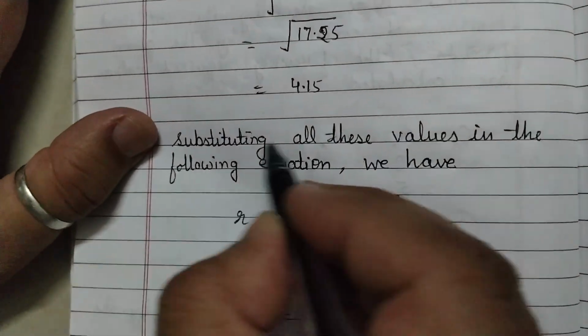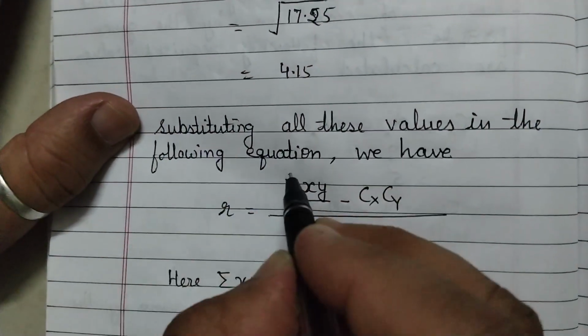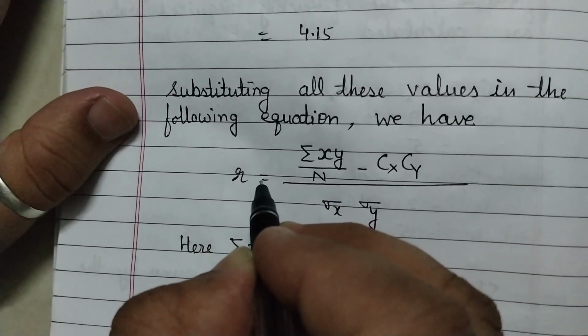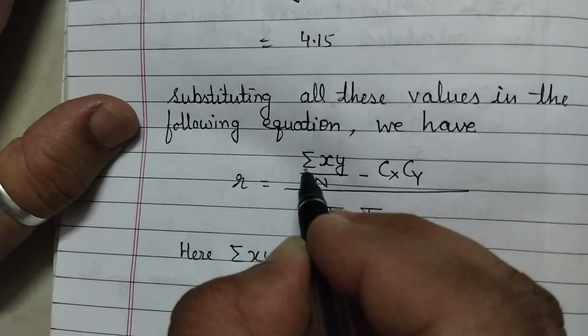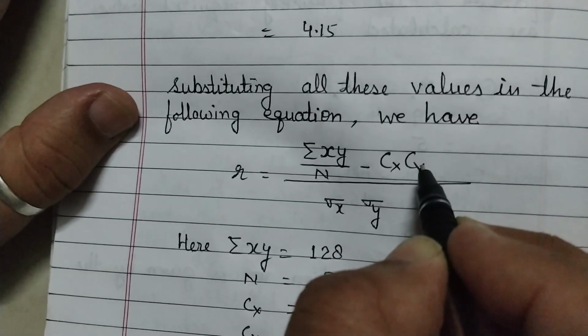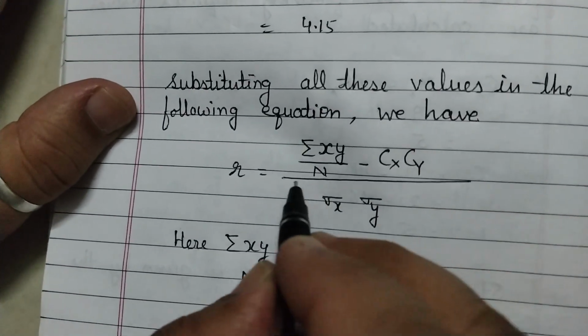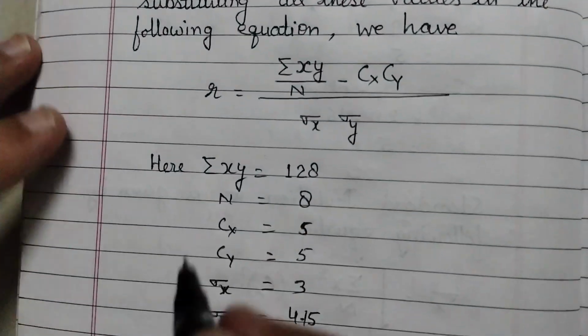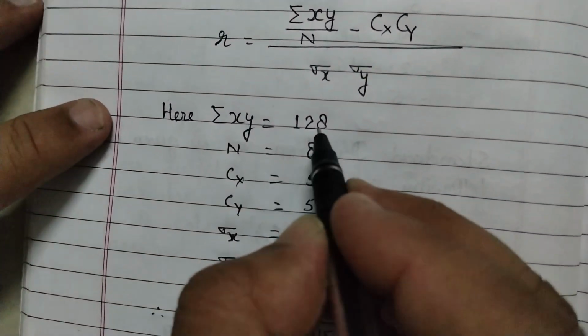Now substituting all these values in the following equation, we have the correlation equation: R is equal to summation xy by n minus cx and cy, divided by sigma x and sigma y. Here sigma xy is equal to 128.